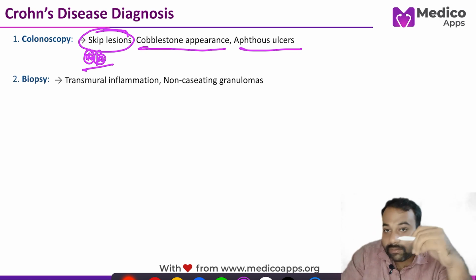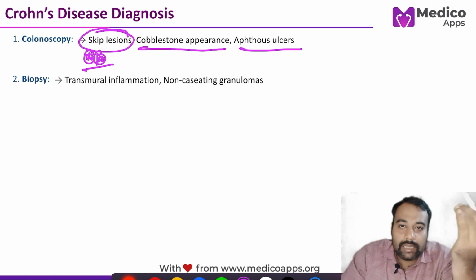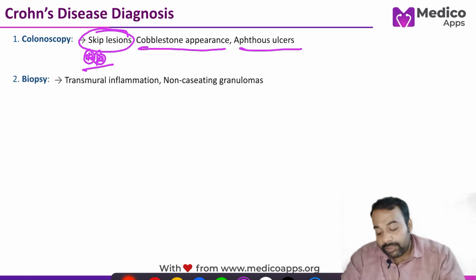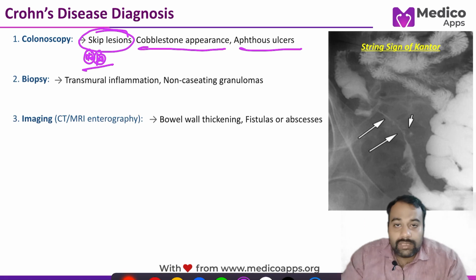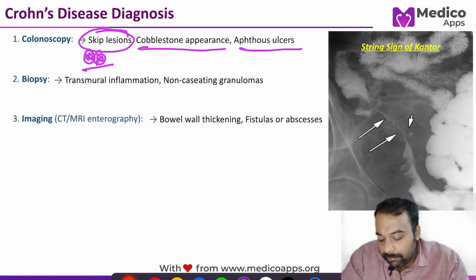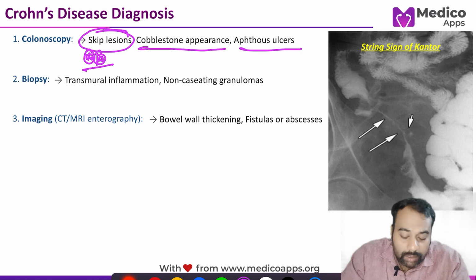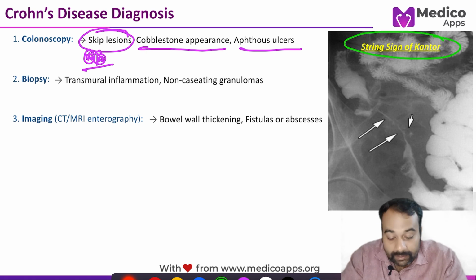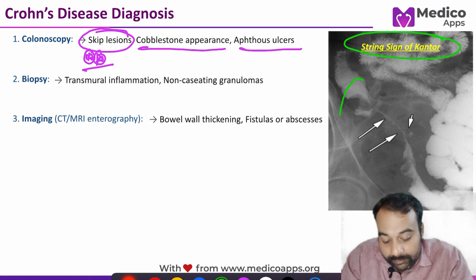Also, you can go for the biopsy, and obviously in the biopsy you are able to encounter the histological features that have been mentioned earlier. In the imaging, you have your CT enterography, MR enterography, and the barium study. Typically in the barium study, we encounter the string sign of Kantor.